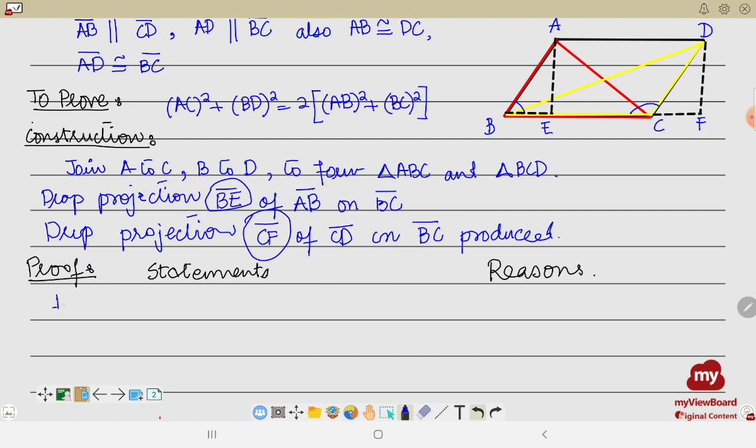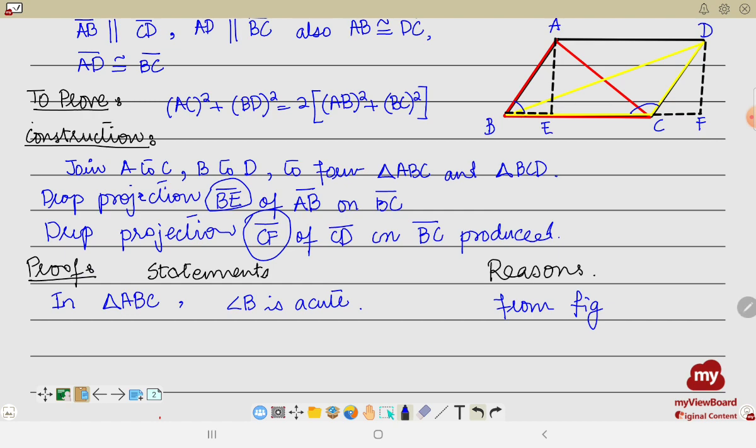In triangle ABC, so we are considering the red triangle, angle B is acute, right? The reason will be from the figure. We have drawn the triangle like this. So we are going to apply the acute angle triangle theorem, that is the second theorem.